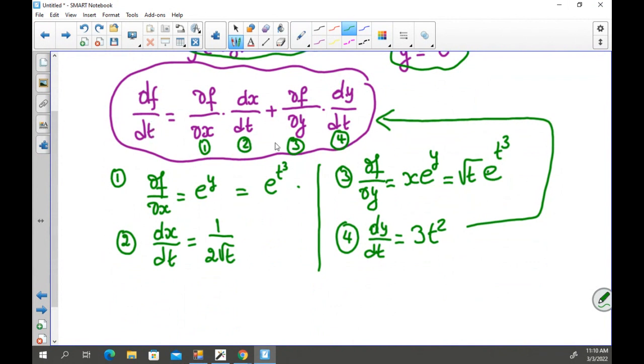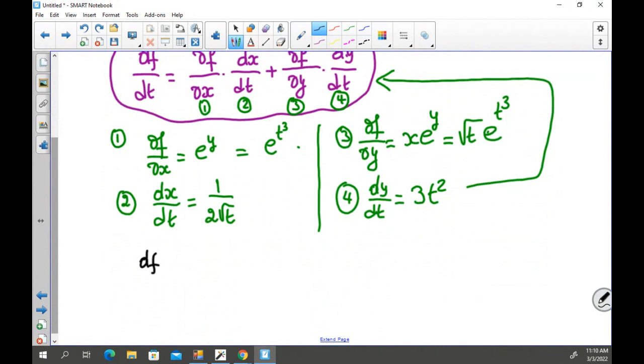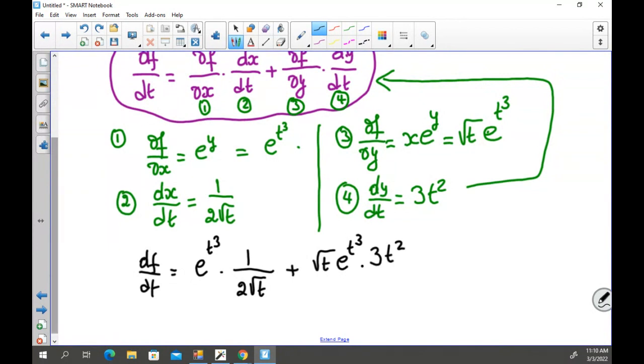So let's substitute now, and then we will be fine. df over dt will then be equal to e to the power of t cubed multiplied by 1 over 2 square root of t, plus df over dy, which is square root of t e to the power of t cubed, multiplied by 3t squared, like this.